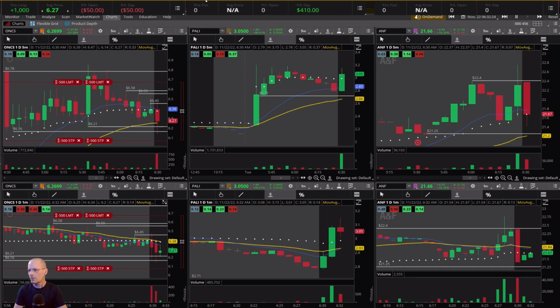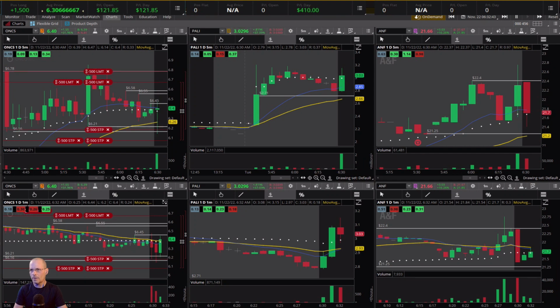No, I'm going to get back out of that. Got a bear flag over there on ANF at the moment. Oh, look at this. I added on ONCS, looking for the break through the high of day, which is at 647.